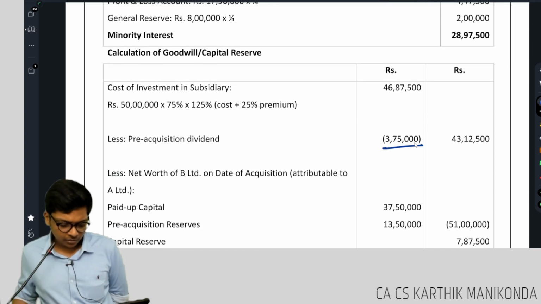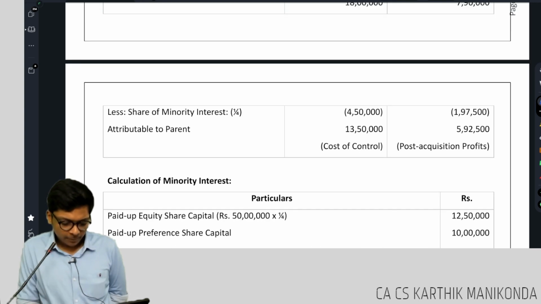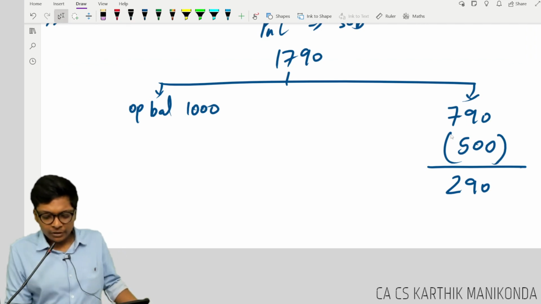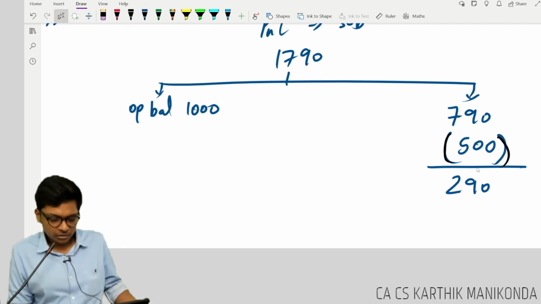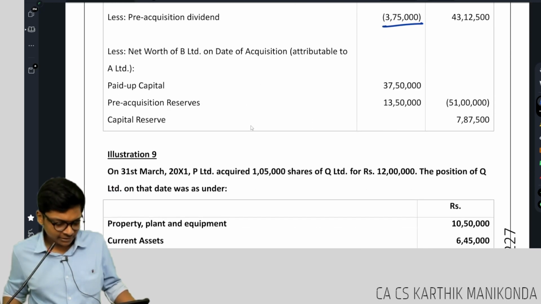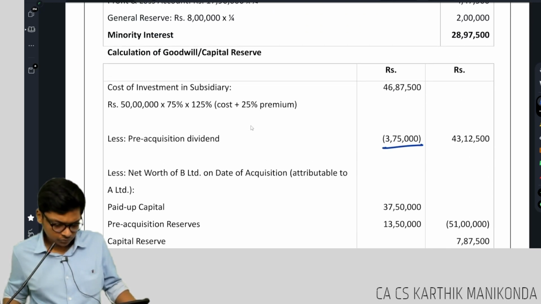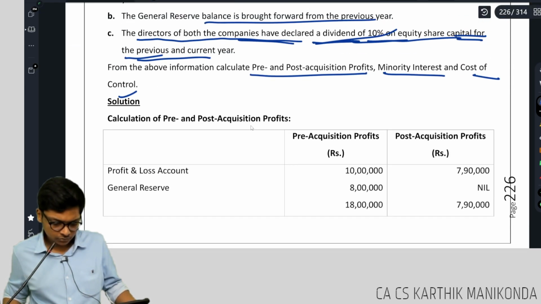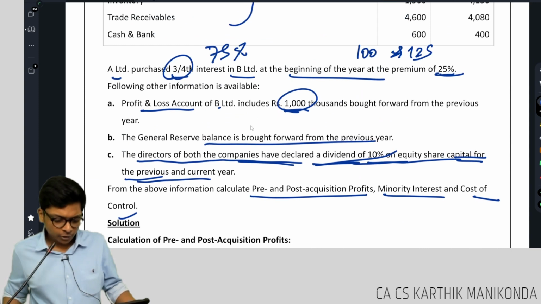That they will do pre-acquisition, but current year profits only I will declare current year profits. That's it, some over, no working note. Okay, no worries.